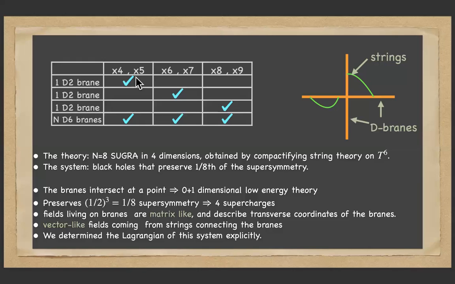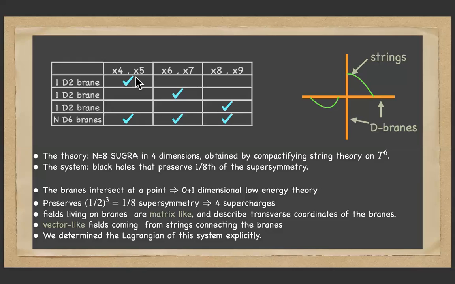Here also you have two indices, but we choose to take these D2 branes to be only one in every stack, whereas we choose the D6 brane to have n D6 branes. It's a choice. You could have taken, let's say, n1 D2 branes here, n2 D2 branes here, n3 D2 branes here. But it turns out that for this purpose, this simplest choice suffices.